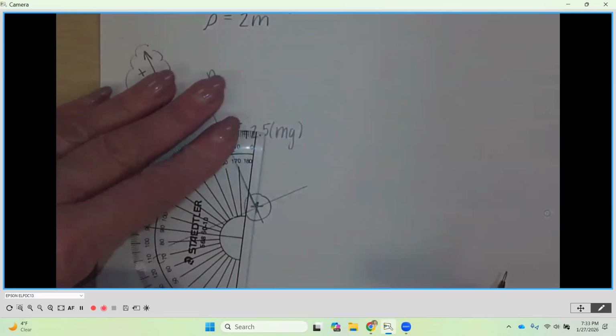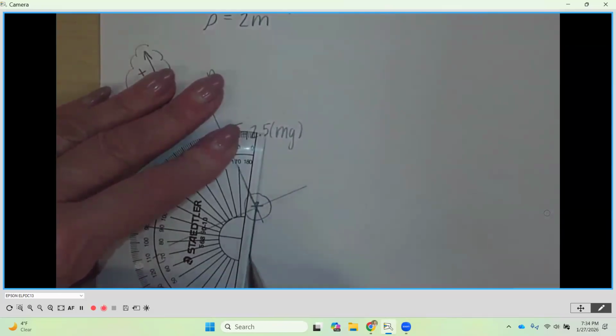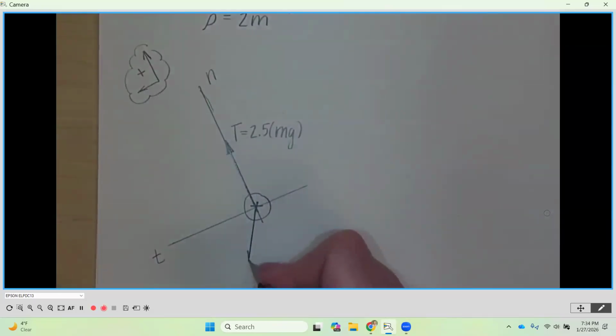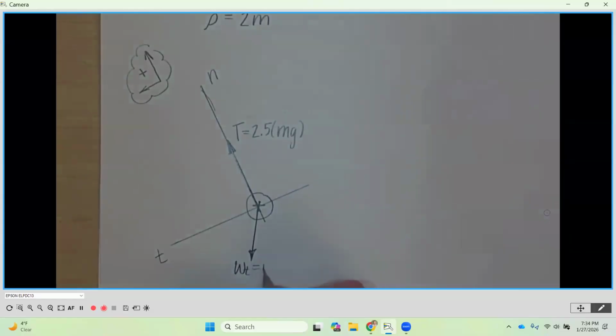Now, even though this is at an angle, the weight of that bob is going to go straight down towards the center of the earth, right? So that's going to be our weight, equal to mass times gravity.